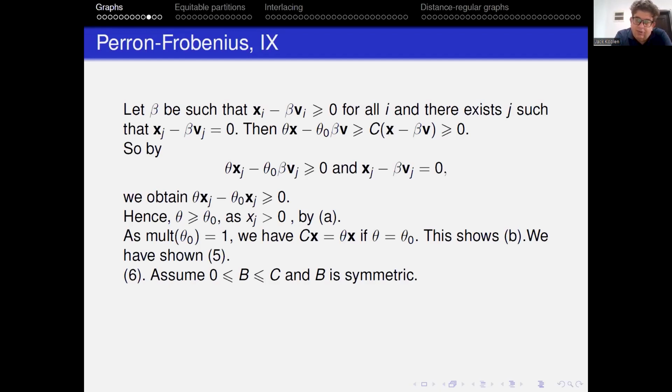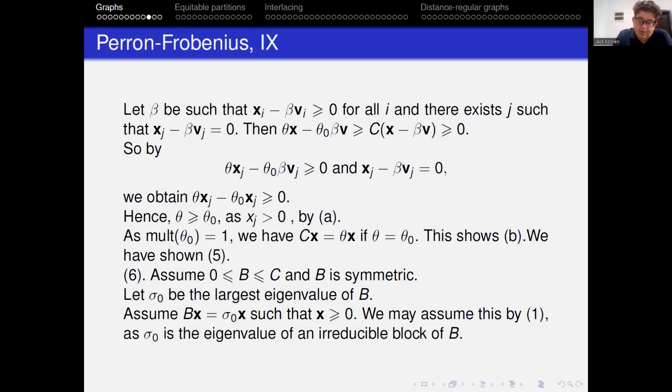We want to show if B is not equal to C, then the spectral radius of B is strictly smaller than the spectral radius of C. Let sigma 0 be the largest eigenvalue of B. We may assume there exists an x greater or equal to 0 such that Bx is sigma 0 times x.